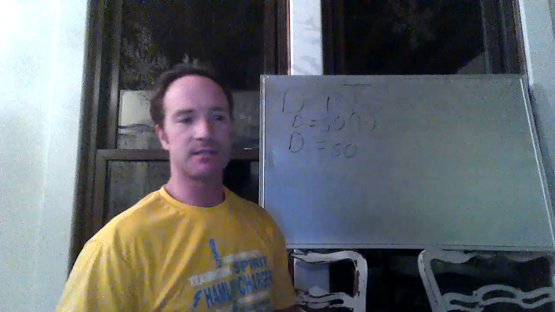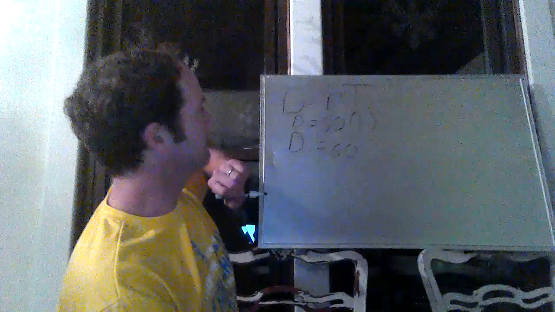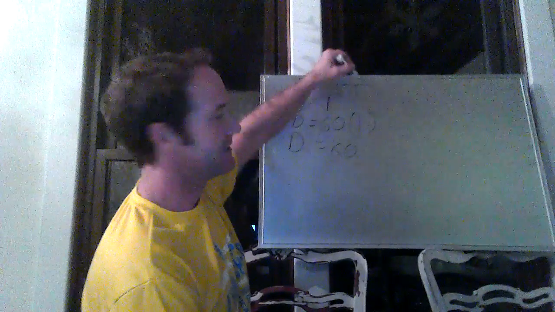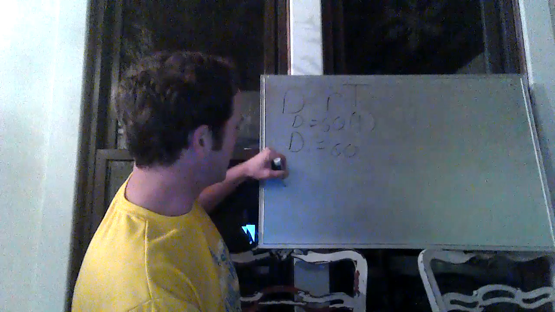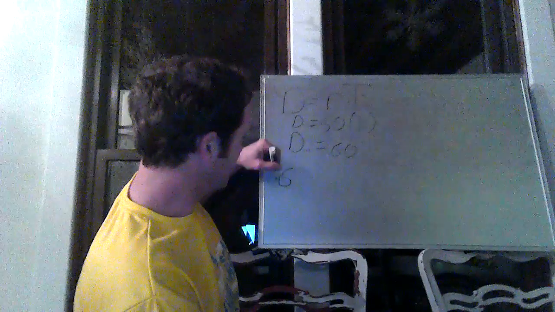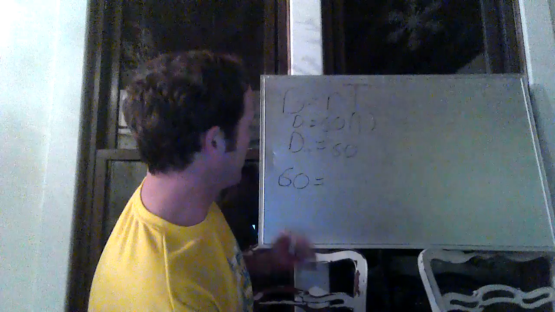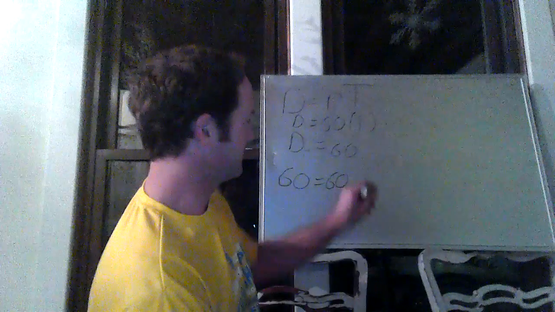But what happens, class, when you don't have time given to you? You end up with 60 miles. That's what's given. You want to travel 60 miles, and you're going 60 miles per hour. What's missing?